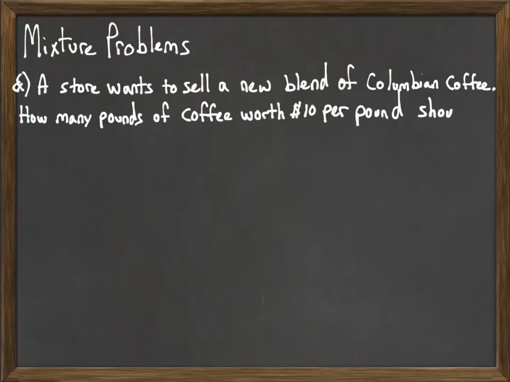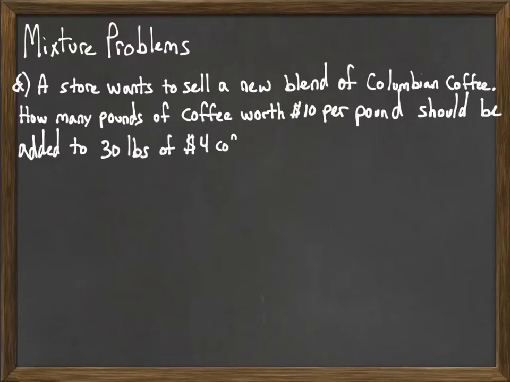So we have a $10 variety of coffee, and we want to mix that coffee with 30 pounds of a cheaper coffee. So we're taking our $10 per pound coffee and mixing it with 30 pounds of a $4 per pound coffee.